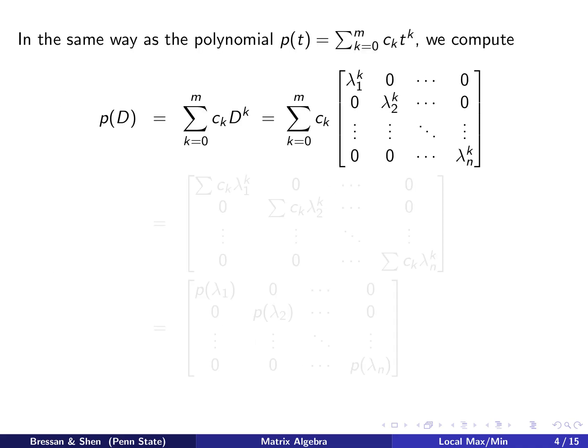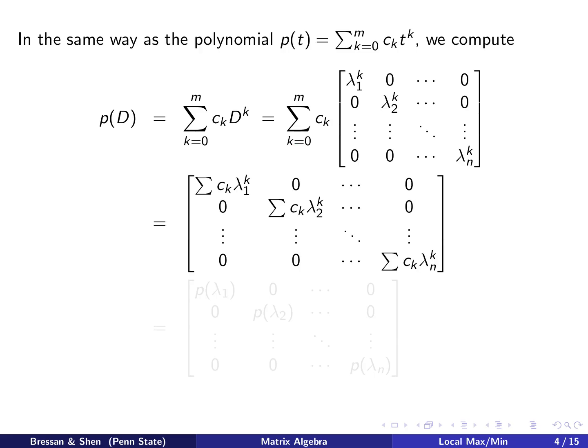Once we have that, we can now define the polynomial function for a diagonal matrix rather simply. So p of D corresponding to this polynomial would be the summation of k from 0 to m of c_k times D to the power k. We can put in the D to the power k, which is this diagonal matrix, and sum over that.